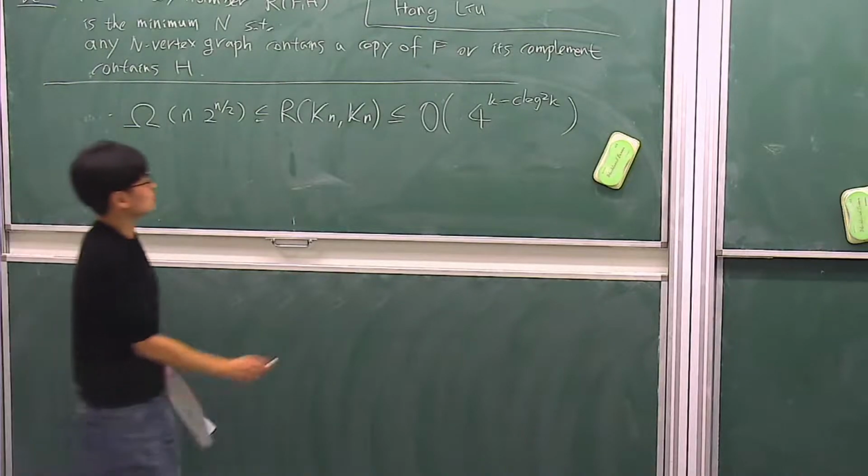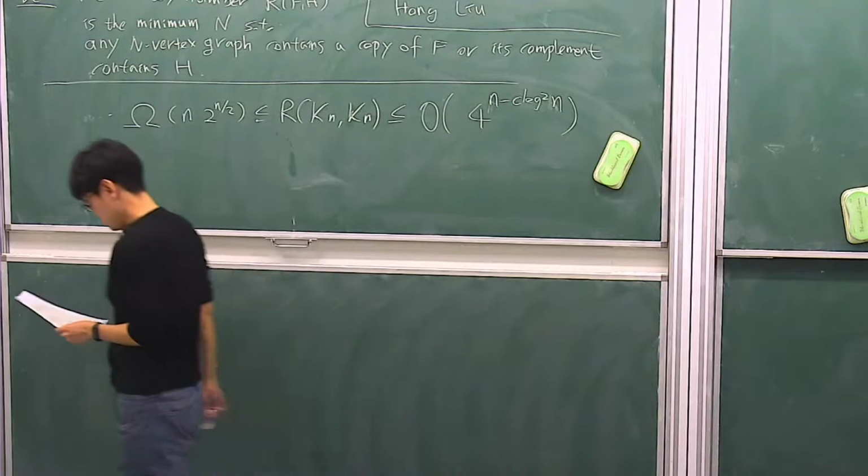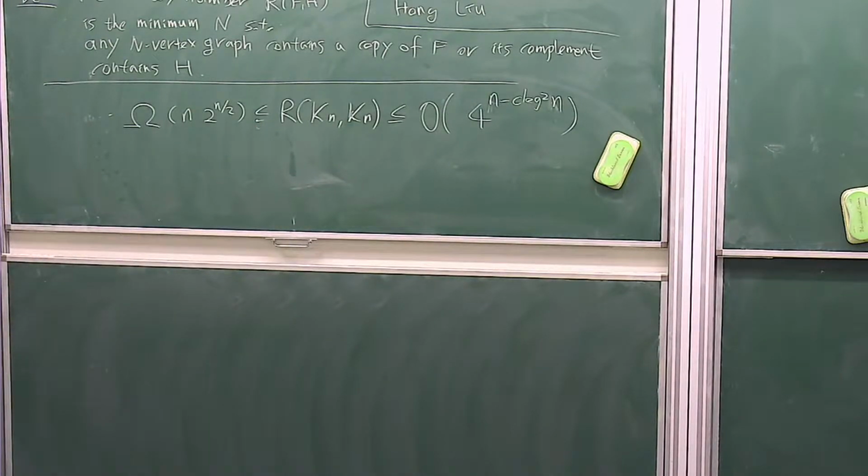So this lower bound construction is probabilistic, meaning that it doesn't give you an explicit example where we can see its structure.